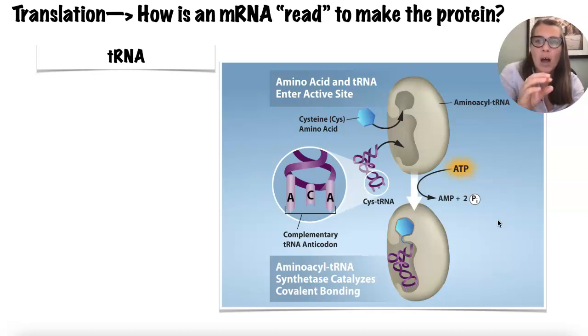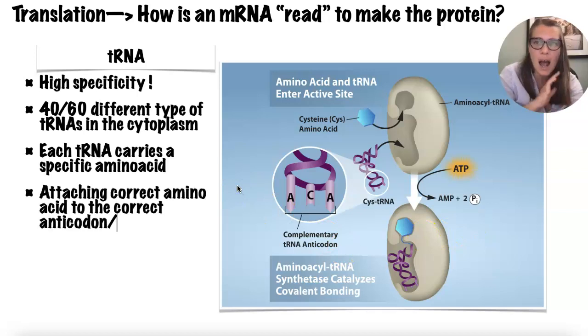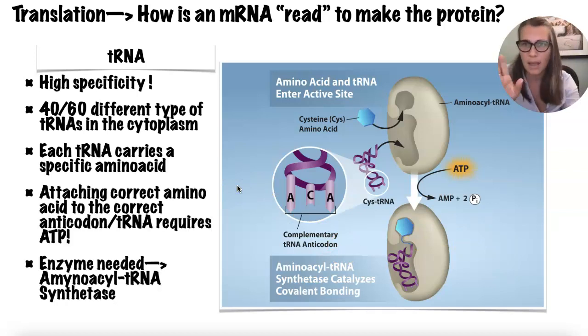Because how does it work? So first of all, the tRNA has a very high specificity. You have between 40 and 60 different tRNA molecules hanging out in your cytoplasm. And then you have your amino acids in the cytoplasm, right? They're there. Everybody is having the time of their life hanging there.